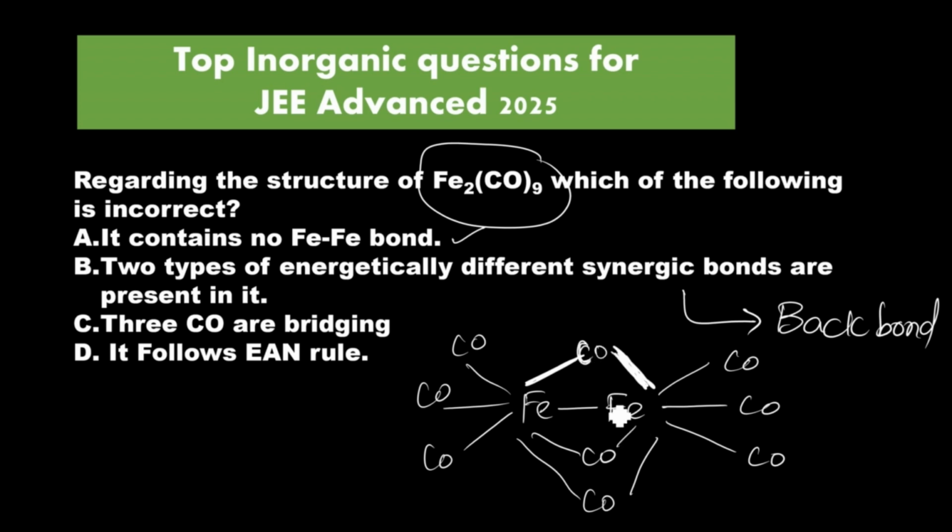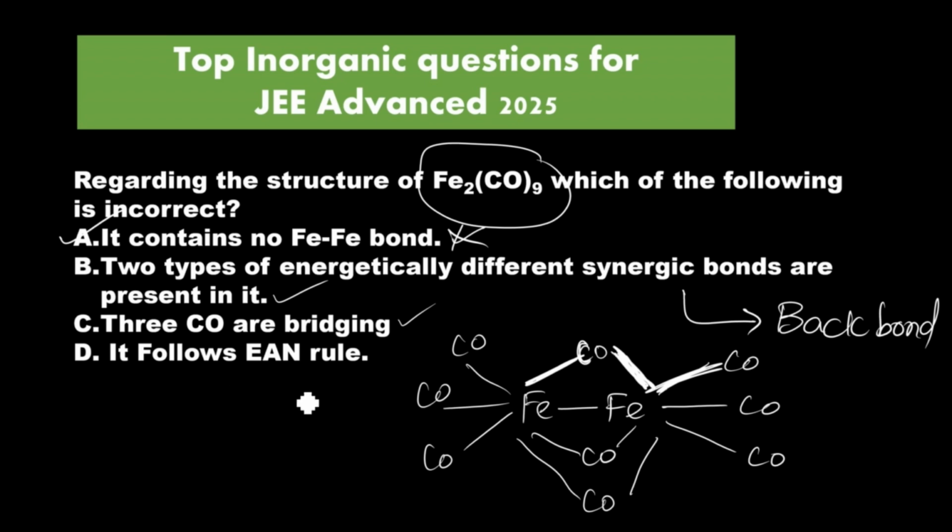This ligand is attached with two metals, and here the ligand is attached with only one metal. So this is another type of synergic bond, not another type, that is energetically different. So this is also a correct statement. There are 3 bridging ligands, that is also a correct statement. Okay, there is no Fe-Fe bond. So this is an incorrect statement.